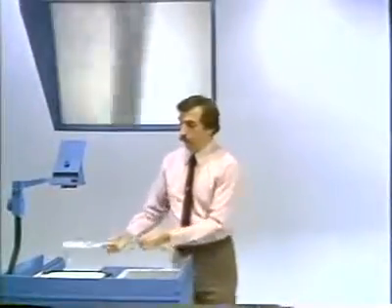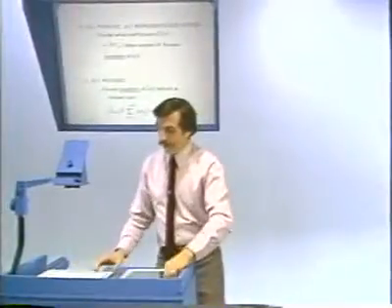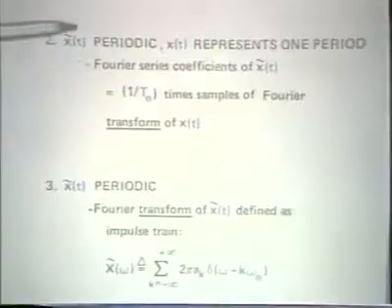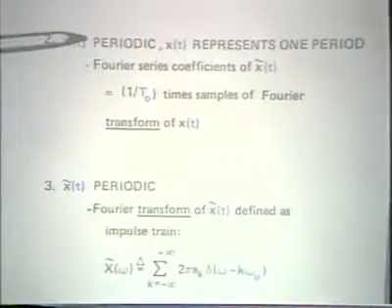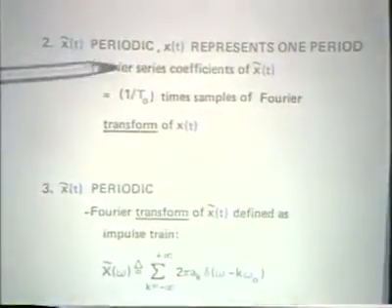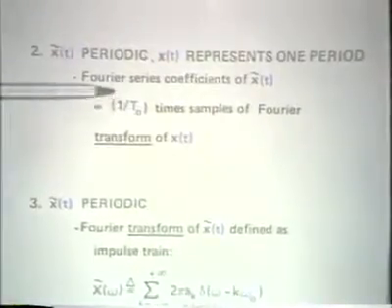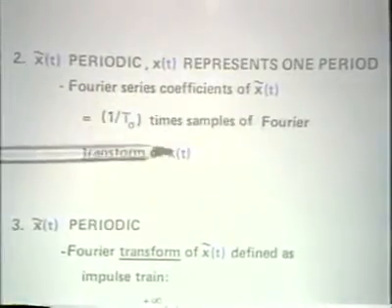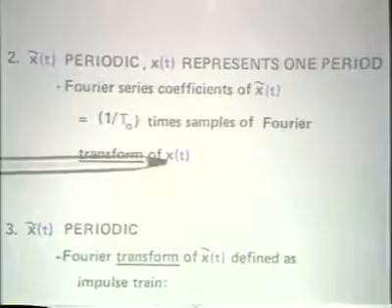Let me remind you that in continuous time, we had the statement that if we have a periodic signal, the Fourier series coefficients of that periodic signal are proportional to samples of the Fourier transform of one period.